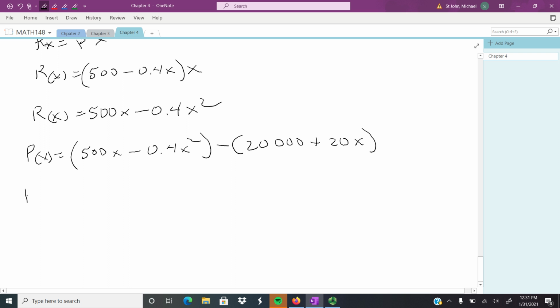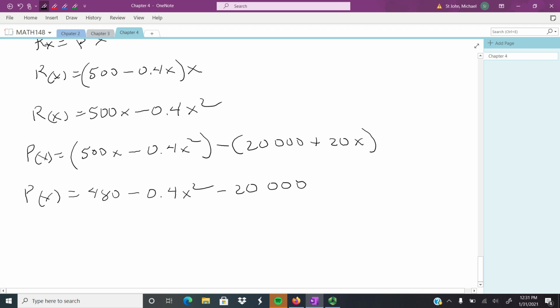And so we simplify this and we get what will be 480x minus 0.4x squared minus 20,000, right?